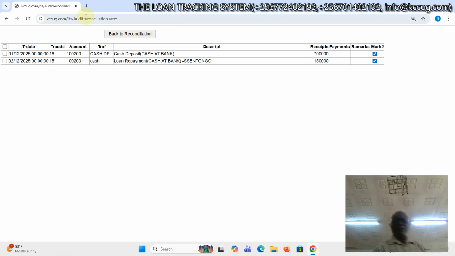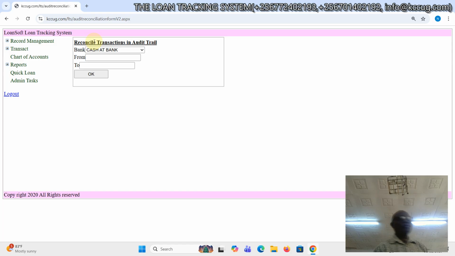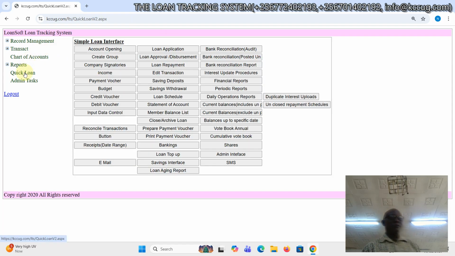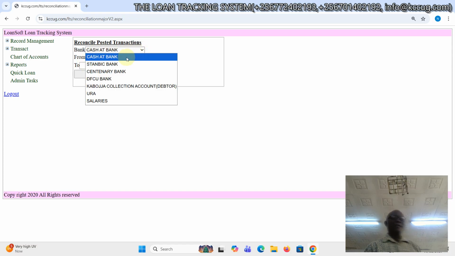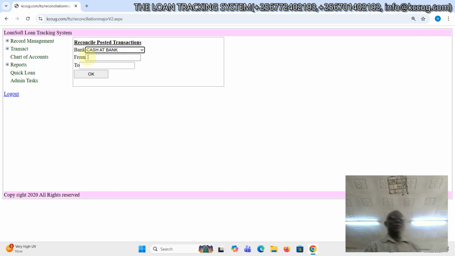After saving, you now prepare what we call the bank reconciliation report. How do you prepare that bank reconciliation report? Click on bank reconciliation report. Okay? Cash at bank.